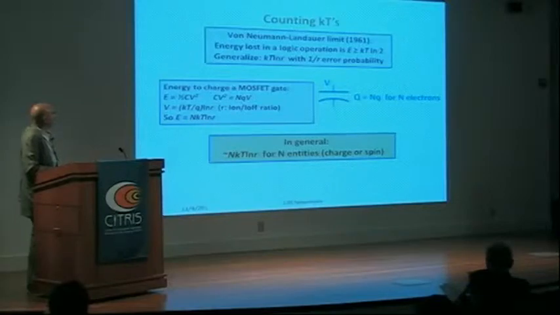And actually, this has since been generalized. If you want to have an operation with a low error probability, you have to dissipate more energy by the log of the error rate.